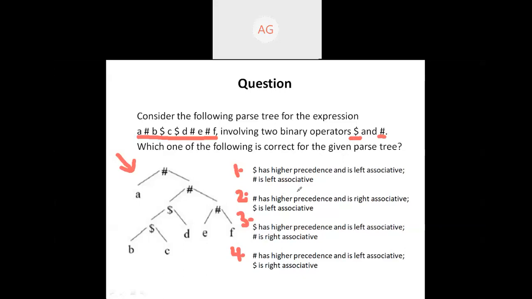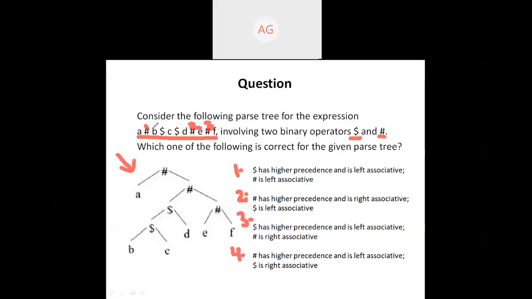So while considering this parse tree, you can see how many times we have this hash. You can see that the hash occurs 3 times. This is 1, this is 2, and this is 3.